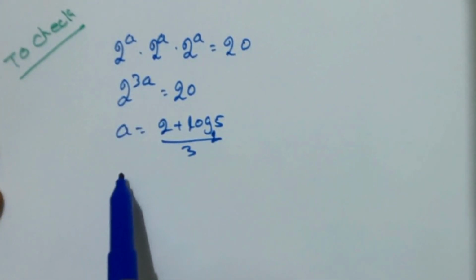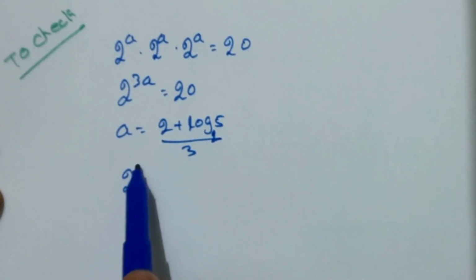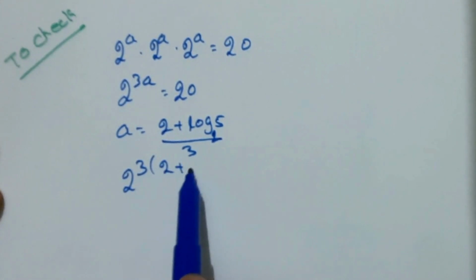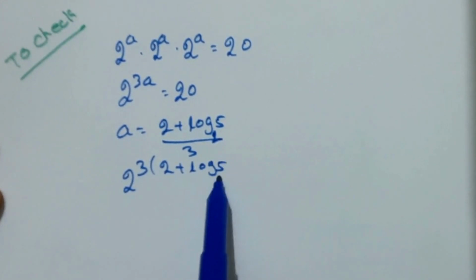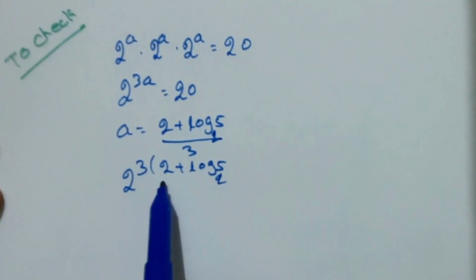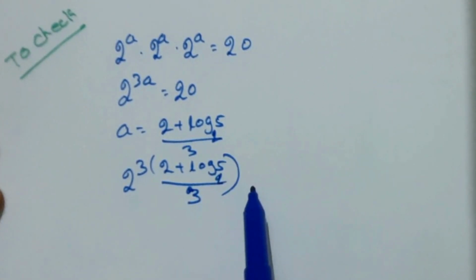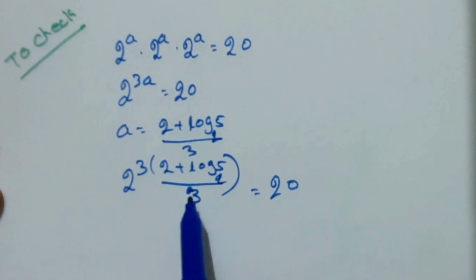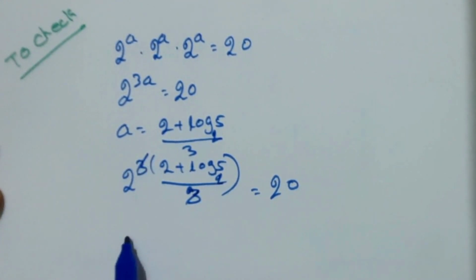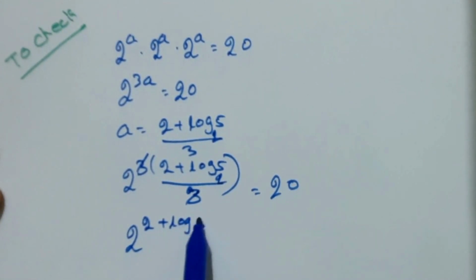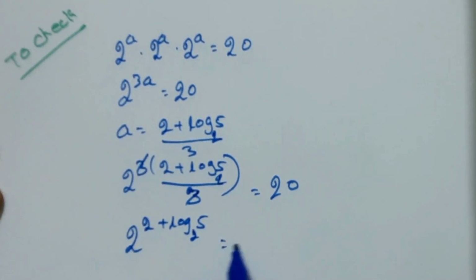We are going to apply here 2 to the power of 3 into 2 plus log 5 base 2 by 3 equal to 20. This 3 cancels this. So 2 to the power of 2 plus log 5 base 2 equal to 20.